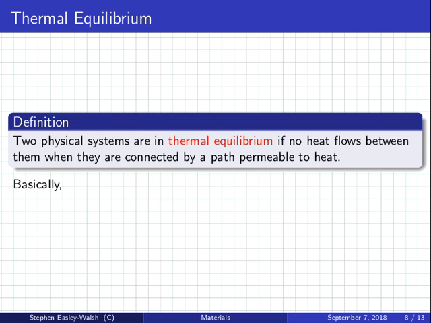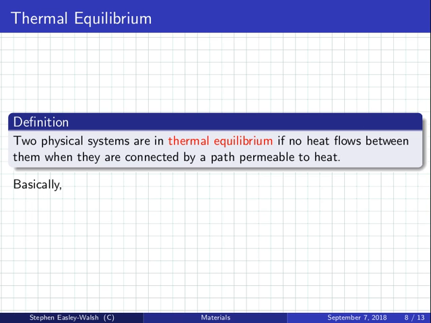But if I was to take something cold, like the board, if I put my hand here, I can feel the heat from my hand going into the board. You know when you feel something is cold? That's what's happening. The heat is leaving your hand and entering this. So this is not thermal equilibrium. Okay? And if I put my hand on something hot, like say the battery here, it feels hot.